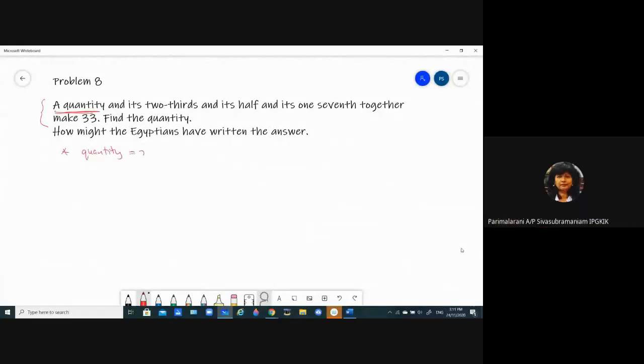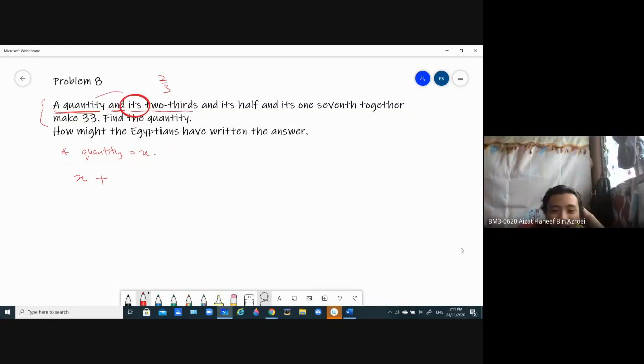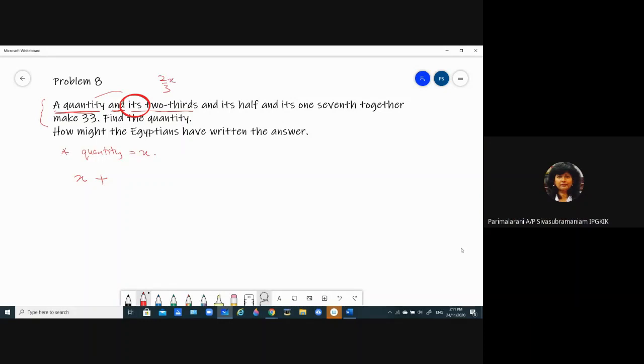A quantity is X. And how do we write 'and'? Plus. Its 2/3, how do we represent that? 2 over 3. Whose 2/3? X. So it's 2/3 of X.